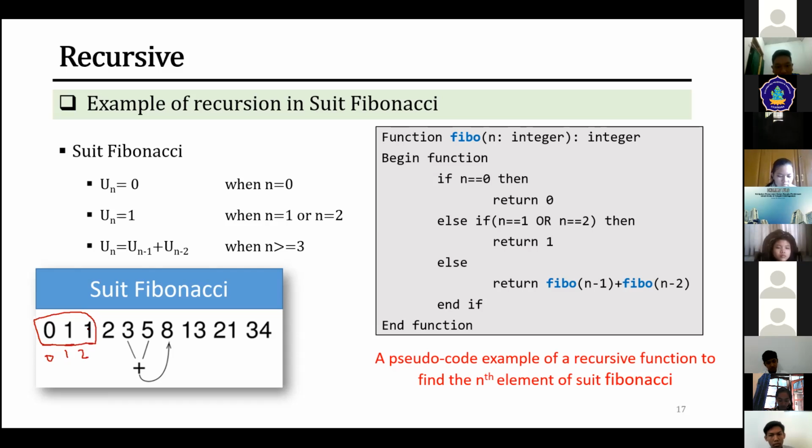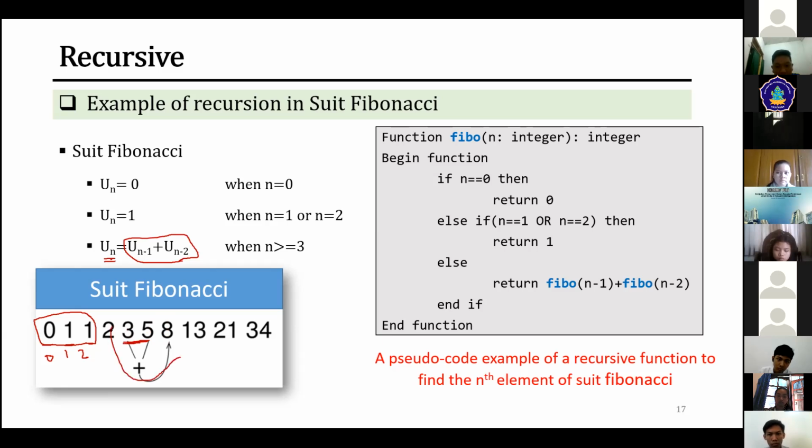And how the Fibonacci sequence works is by summing. For example, if you want to find the n-th term of the Fibonacci sequence, you take the two terms before that term and sum them up together, and you will find the term n. For example, you have 3 and 5 here. To find the next number, you just sum them up, so 3 plus 5 equals 8.